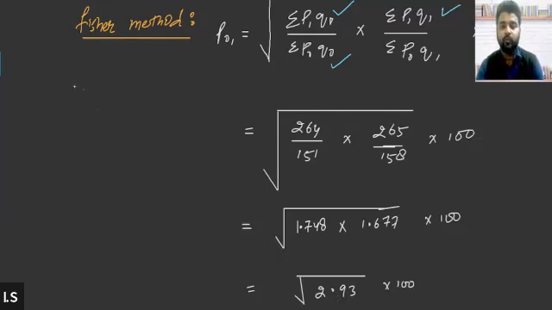See, whenever you want to find the under root, we will write it like this. 2.93. First of all, we will make the pairs, and pairs are always made from the right hand side. So these will be one pair, and there will be no pair for this.